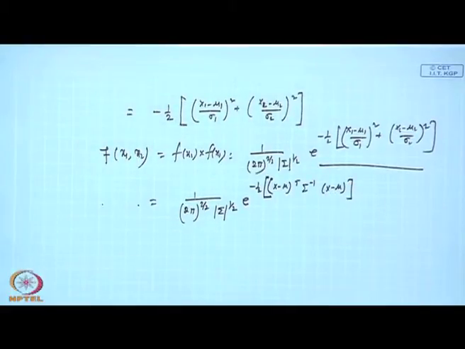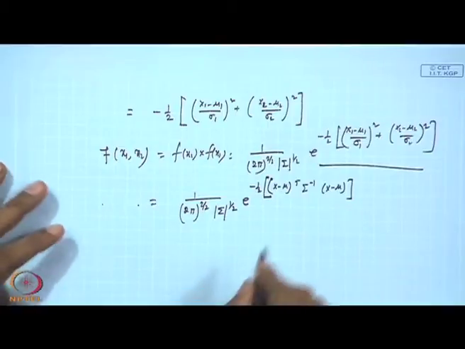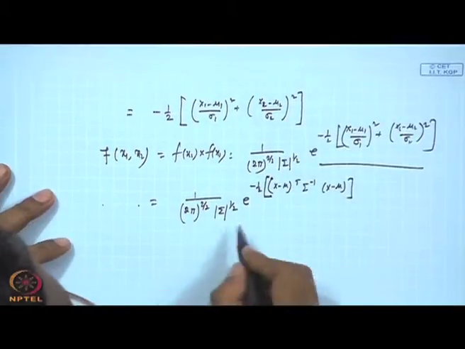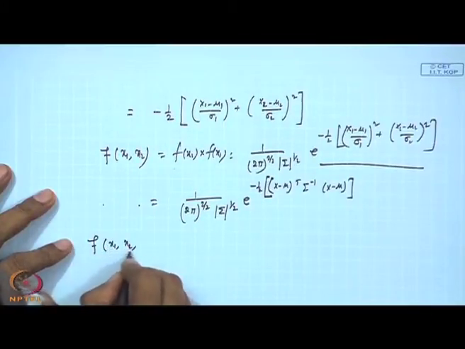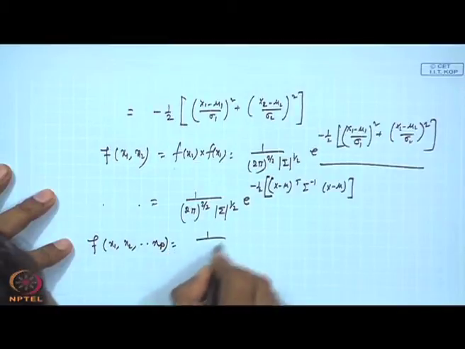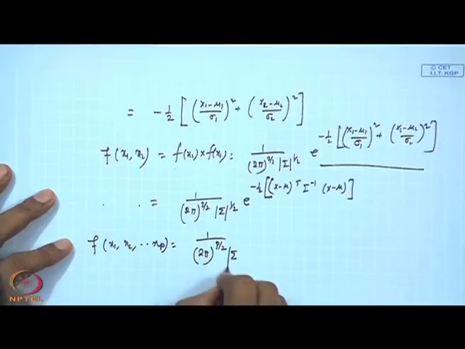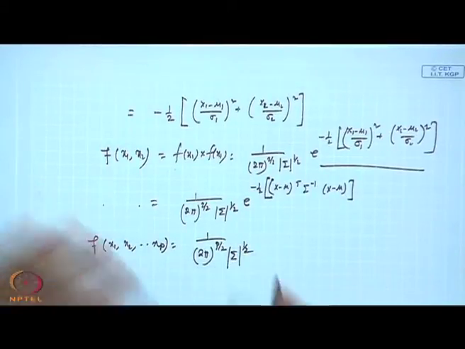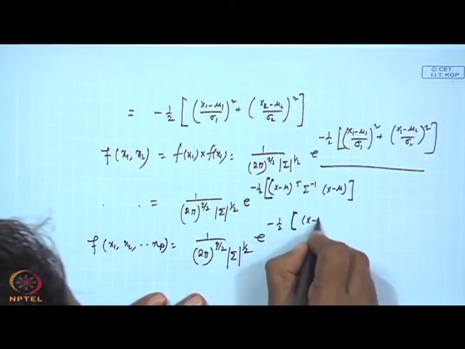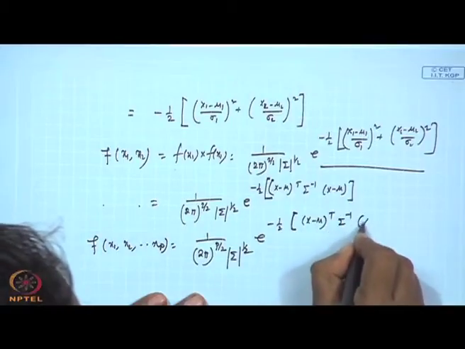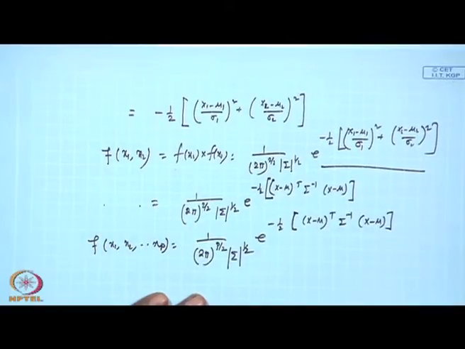This is the case. You can write like this. But it is true for the multivariate case also. Multivariate case: x1, x2, ..., xp, then it will be 2 pi to the power p by 2, determinant of this, then e to the power minus half x minus mu transpose, and so on.